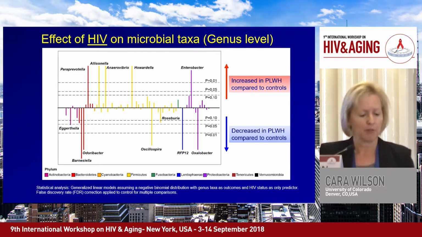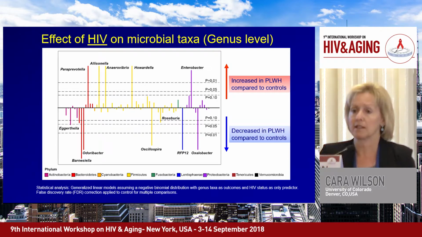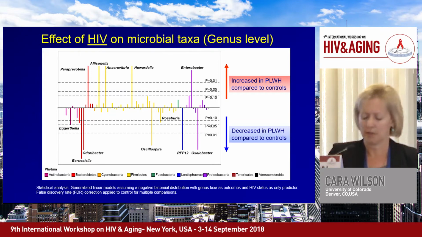So they went further and used generalized linear models to address the effect of HIV within this cohort. And we did indeed find significant HIV-related differences in the microbiome at every level except for the phylum level. And you know what I'll do here is just point out some findings. So here is Enterobacter.